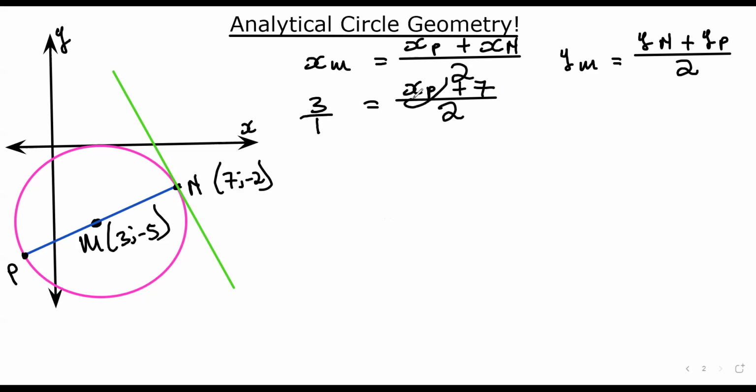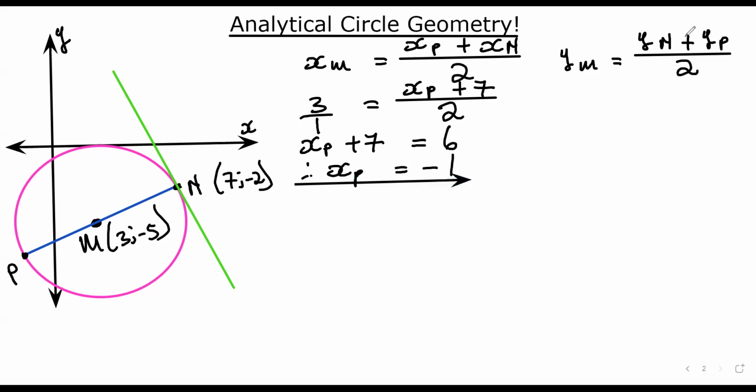And in order to solve for the x value at P, we are just going to cross multiply. So on the left-hand side, we have x value at P plus 7. On the right-hand side, we have 6. So this means the x value at P is just going to be -1.